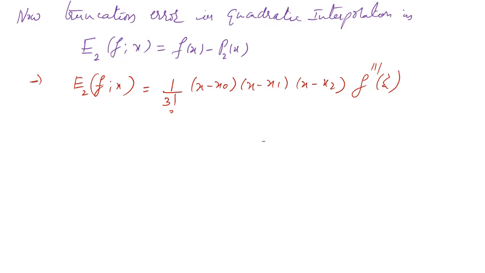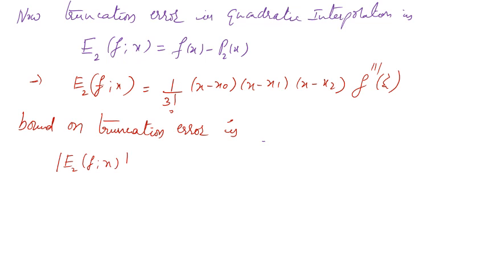And what is the bound? The bound on truncation error is mod e2 of f of x is less than or equal to 1 by 3 factorial mod x minus x naught, x minus x1, x minus x2 mod, and M3.